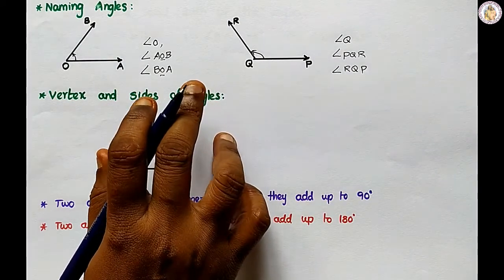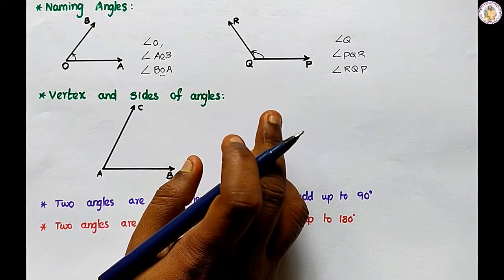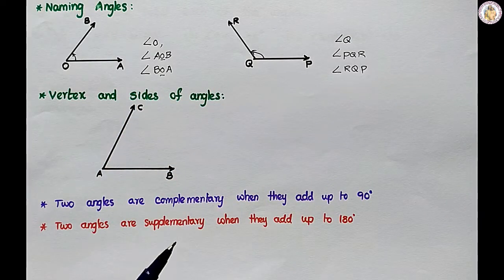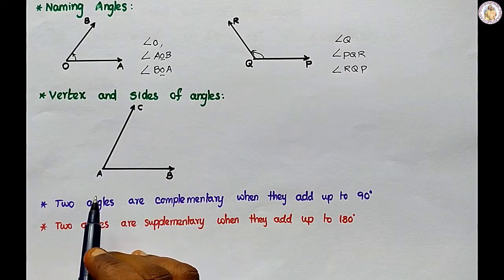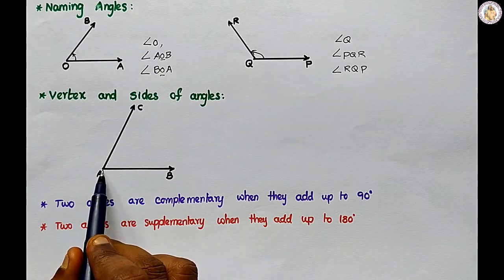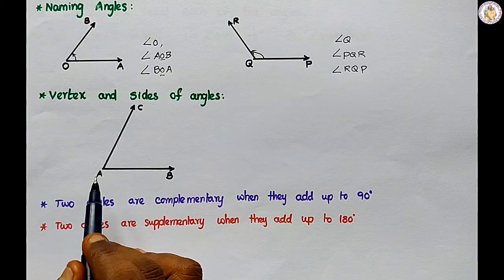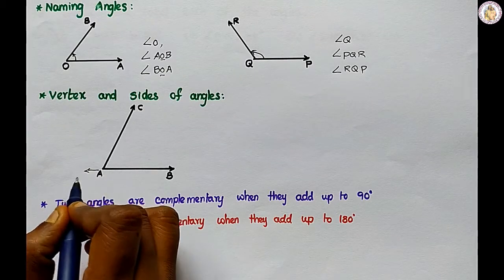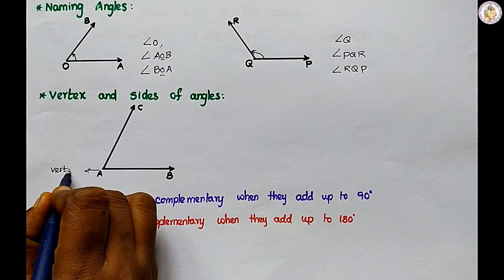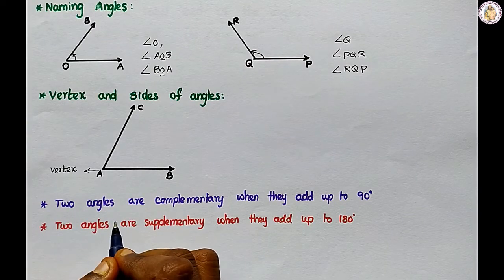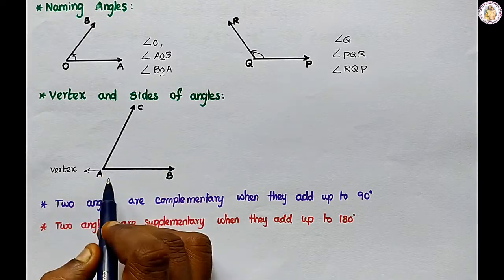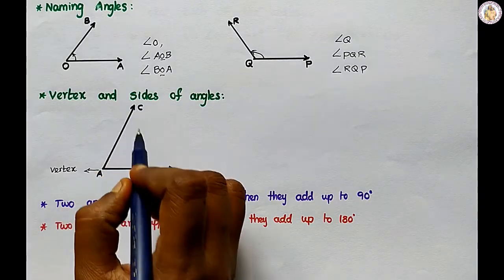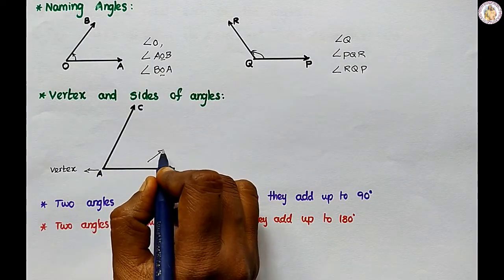So that is the name of the angles. And then vertex and sides of an angle. Listen, the vertex is the starting point of the two rays. And then the sides, those are the sides, AB, AC.